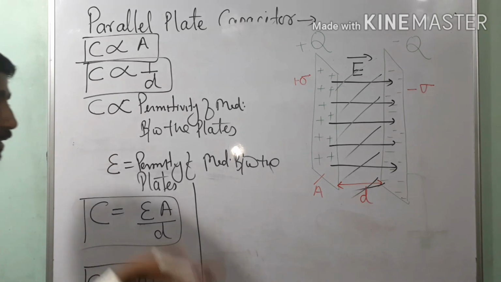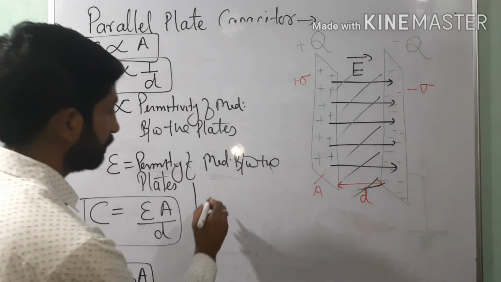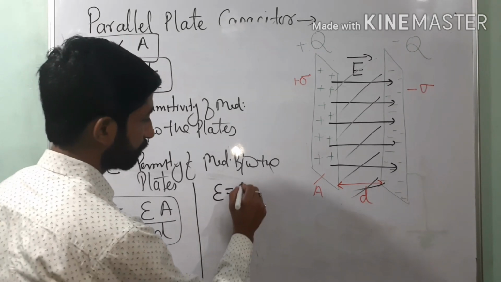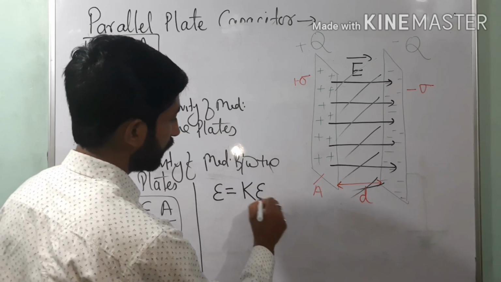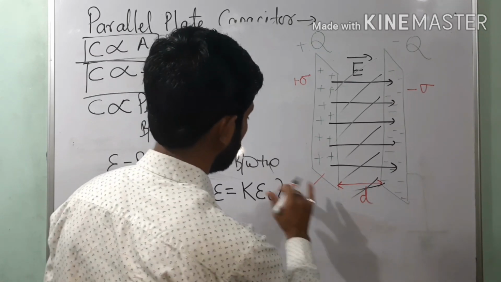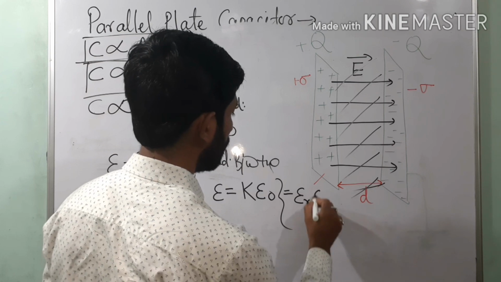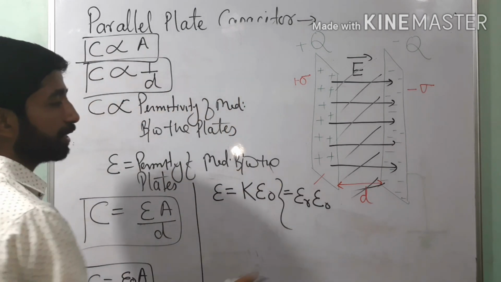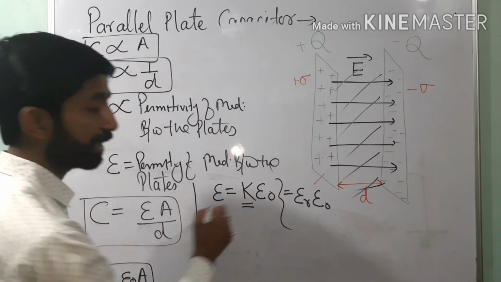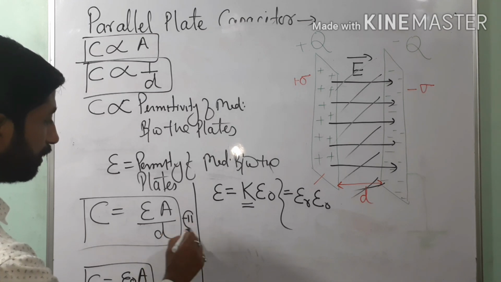Now coming back to the first chapter that we studied about the dielectric constant, we had a term epsilon equal to epsilon naught epsilon R, where epsilon R is the relative permittivity of the medium. We are using here K, the dielectric constant. So this is my equation, and that is equation number 2.